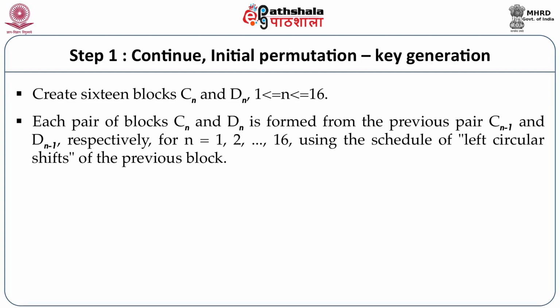Each pair of blocks Cn and Dn is formed from the previous pair. We will denote the previous pair by Cn minus 1 and Dn minus 1. n goes from 1 up to 16. What is the formula for generating the round keys?